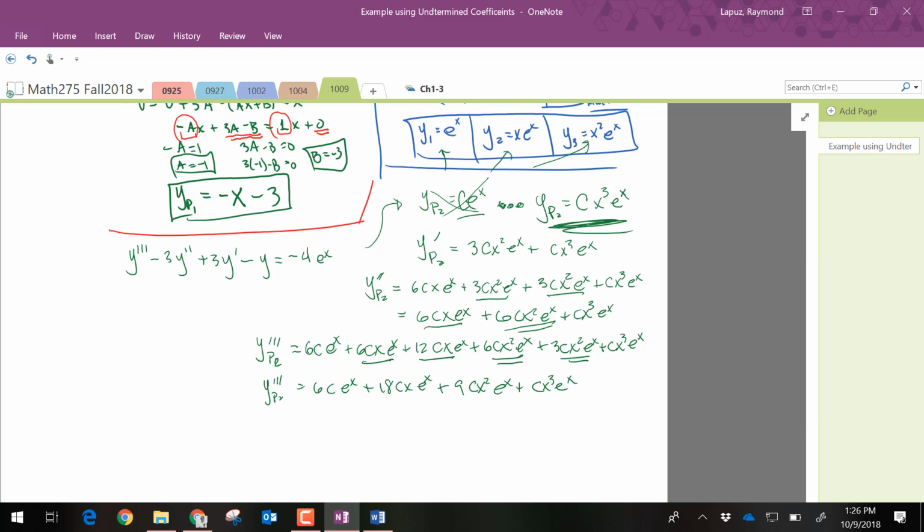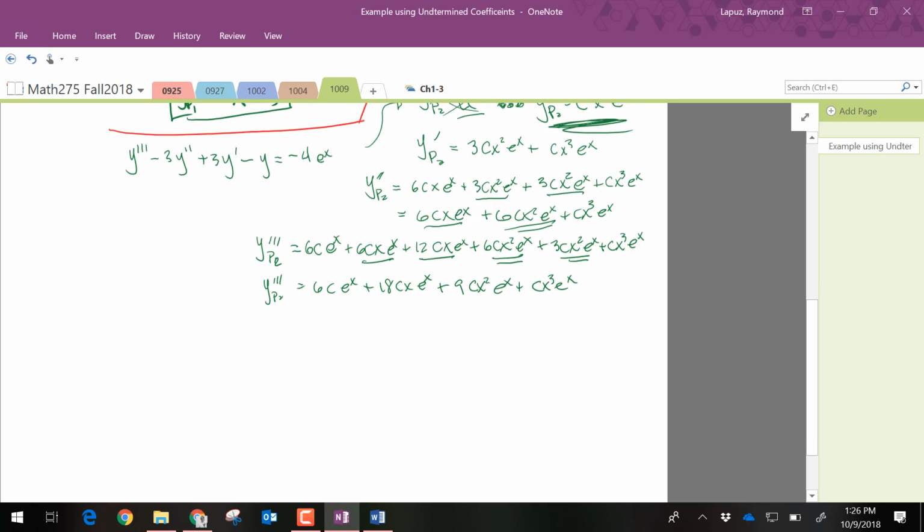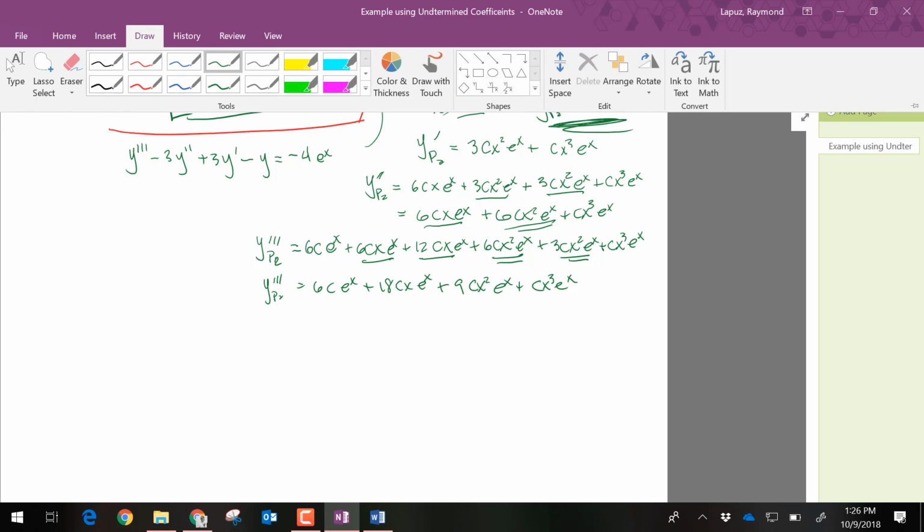All right. So we'll put that into our differential equation and then solve for everything. Actually, before we put it into the differential equation, let's see if we can take Ali's advice and factor out a c, but we can also factor out an e to the x, right? Let's see if we can do that factoring business. So I'm going to squeeze it in here.